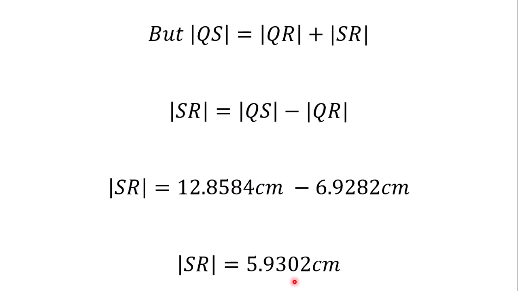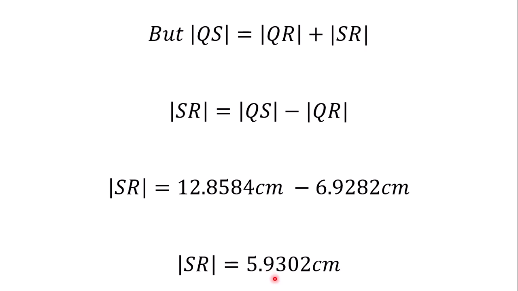But we are not done yet because the question says after getting the value for this, we should correct it to 2 decimal places. When you are correcting something to any decimal places, just consider the numbers after the decimal point. Here, let's count.